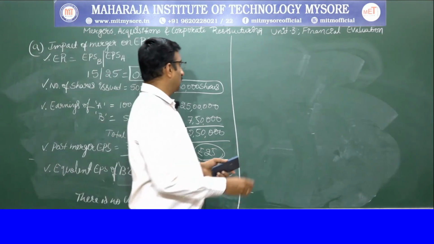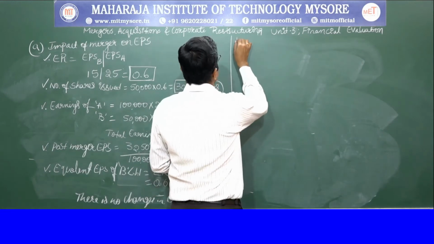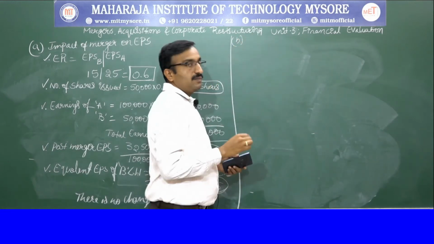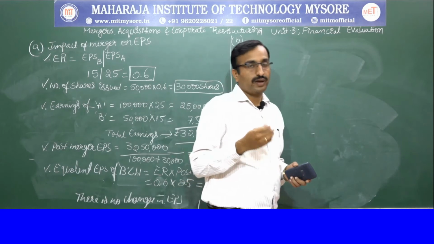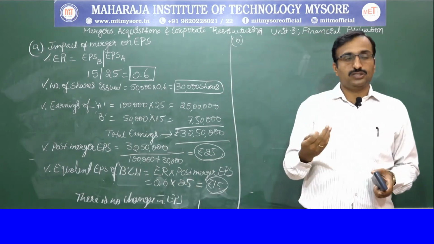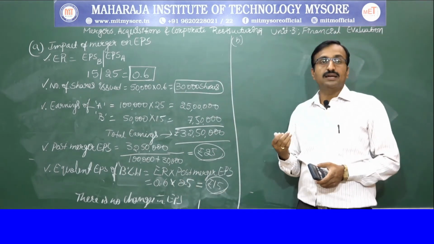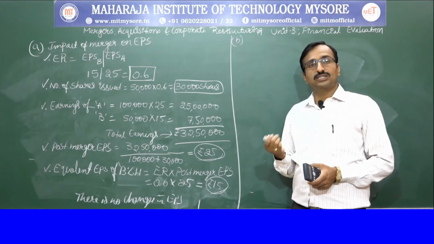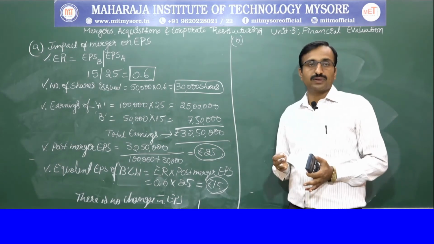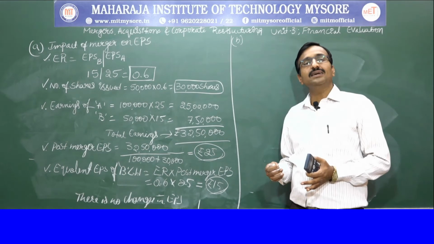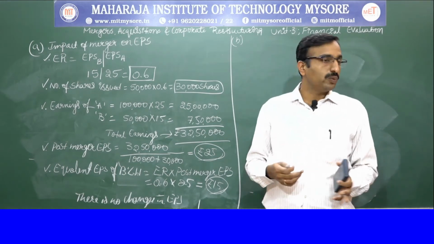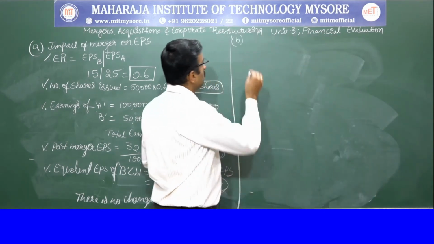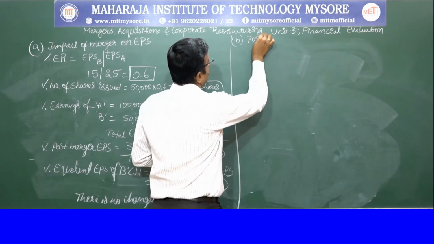So next, moving on to the second question and answer. Here we are going to find out the post-merger situation, how it is in A company and how it is in B company.